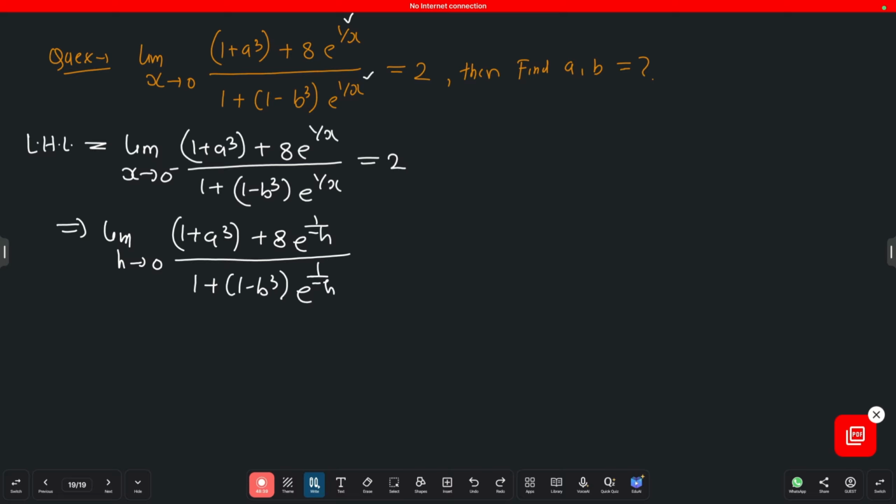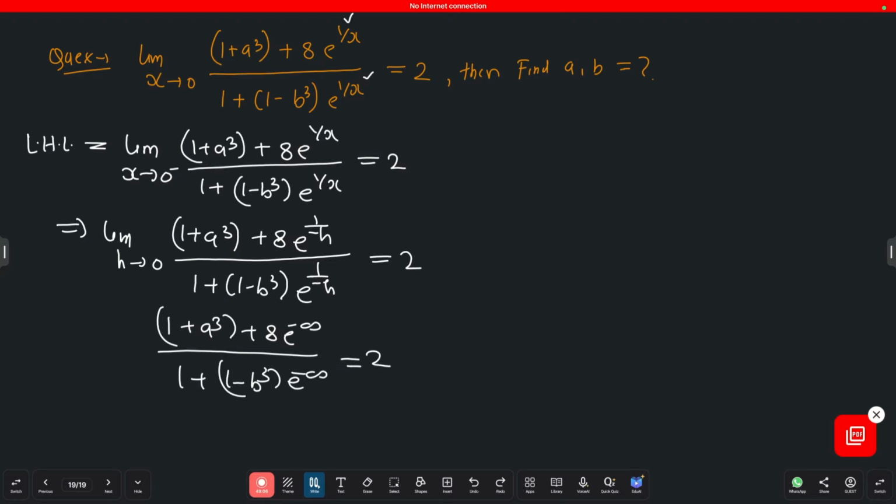Now my secret number 2: whenever h tending to 0, e power minus 1 by h, do not take common, directly put the limit. On putting the limit, I will get 1 plus a cube plus 8 e power minus infinity upon 1 plus 1 minus b cube e power minus infinity. E power minus infinity is 0, so 0 into 8 is 0.